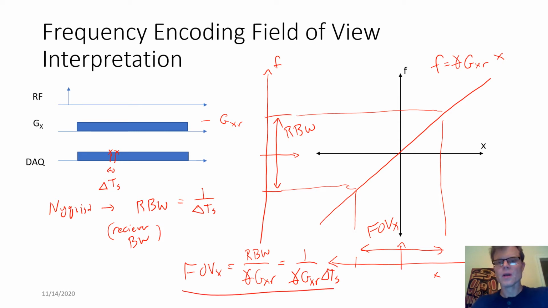This would be 1 over gyromagnetic ratio times the readout gradient times the sample spacing. Okay. So what we've done here is we figured out for frequency encoding what our field of view is going to be in that direction. It's going to depend on our gradient amplitude and then our sample spacing during the data acquisition.